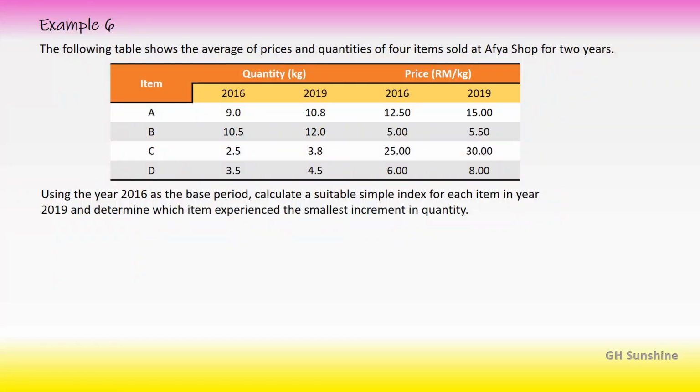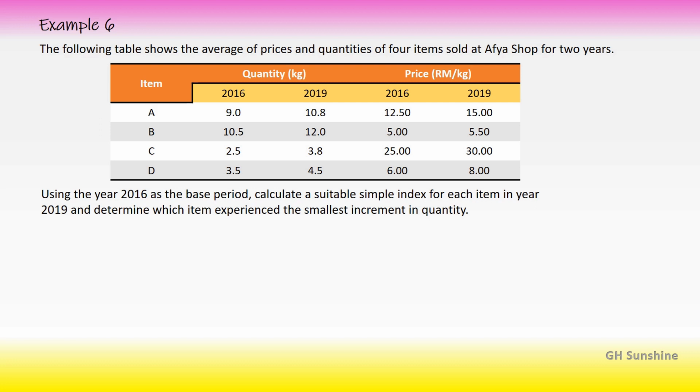Okay, so let's proceed to example 6. This one is based on 4 items A, B, C, and D that sold at Afia shop for 2 years, 2016 and 2019. Using the year 2016 as the base period, calculate a suitable simple index for each item in year 2019 and determine which item experienced the smallest increment in quantity.